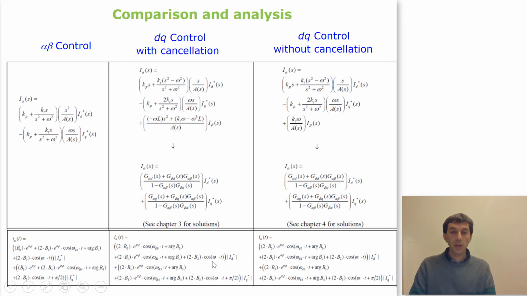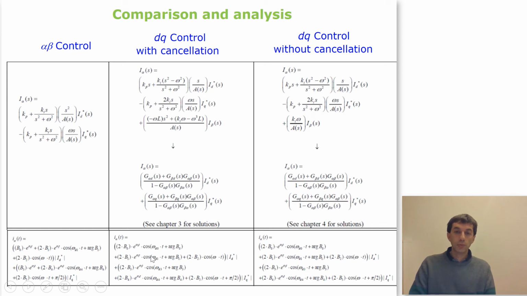And something similar here, and something similar with this last control that we have analyzed. Here we have a real pole only, and here we have a complex conjugate pole, and here we have the steady state expression, and something equivalent here.